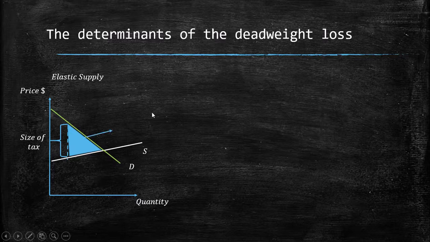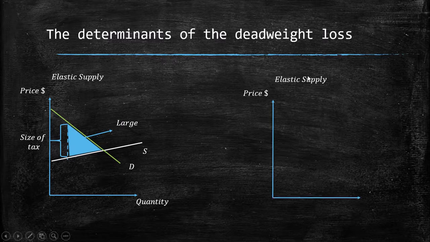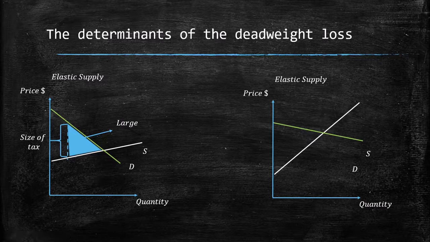So we see here, with elastic supply, there is going to be a large deadweight loss, and the same with elastic demand, sorry, I didn't change here. Here the supply is the white one and the green one is the demand. With the same size of the tax, it is going to be analogous to this one.